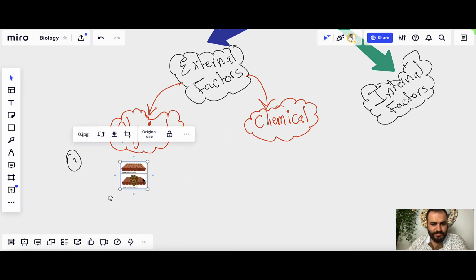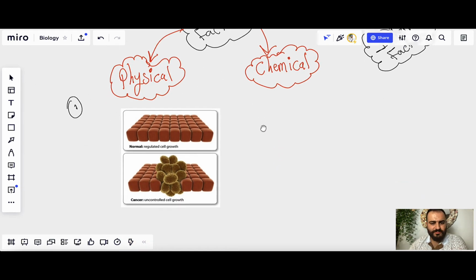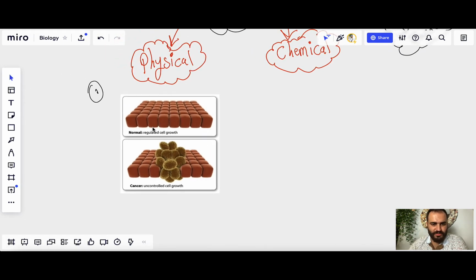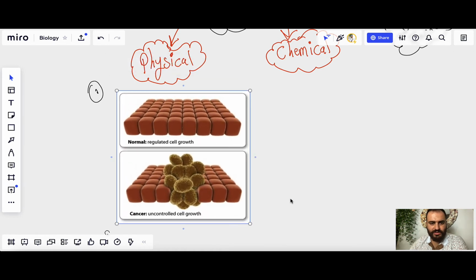It's important to know that cells divide based on the body's needs, and one reason for cell division might be repairing tissues. So when cells repair tissue, they have to divide in order to create new cells. So physical factors are related to the area, to the space where the cells divide.